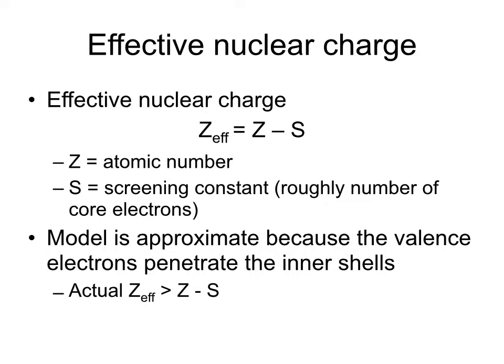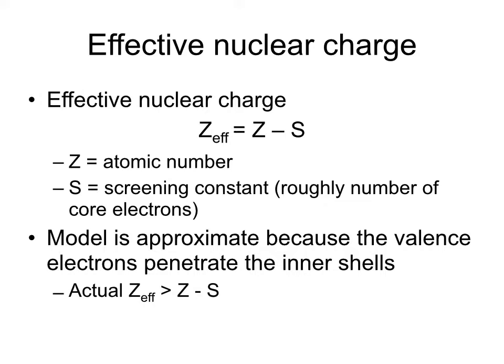The basic way that effective nuclear charge can be calculated, which is not something you're going to have to do, but is an interesting idea, is Z eff, the abbreviation for effective nuclear charge, equals the atomic number minus the screening constant.